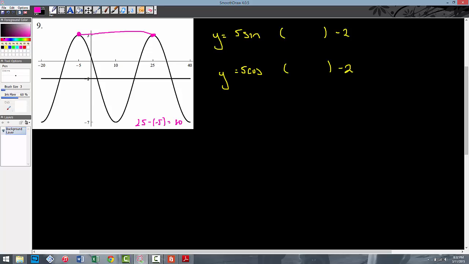That is 30. Now, the distance is the period, but remember, the period doesn't tell me much. I need to use that period to find the frequency, which is 2 pi divided by 30, the period found. So it looks like I get pi over 15 as my frequency.